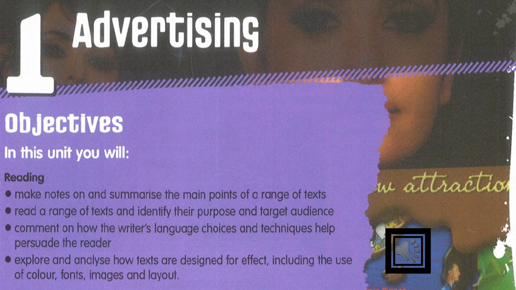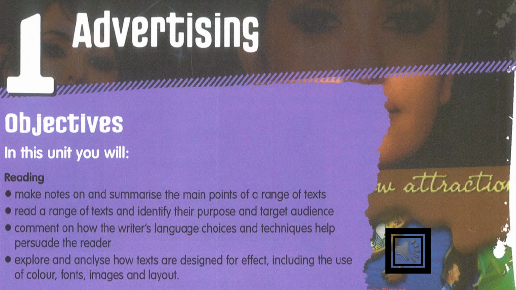Comment on how the writer's language choices and techniques help persuade the reader. When they say you should comment on the writer's language, that means they want you to criticize the person that wrote the text, especially the writer's choices and techniques that help persuade the reader.